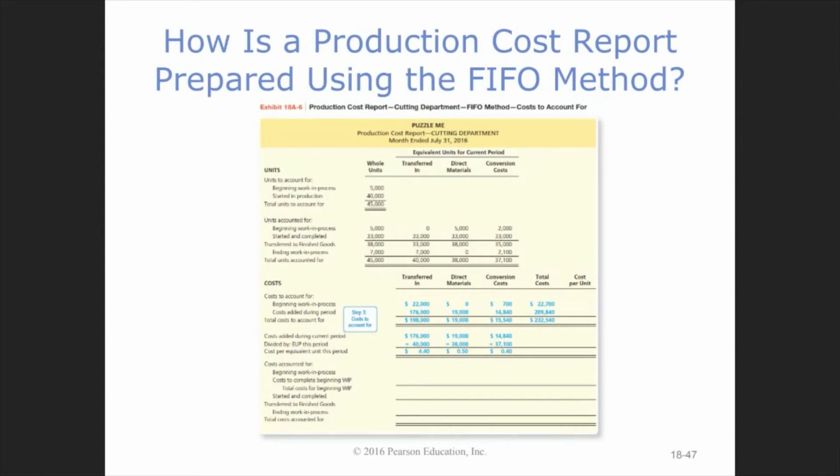We divided that by 40, which was the EUP for the period, and that gave us our cost per equivalent unit this period of $4.40. And you follow that same method of calculating for the direct materials and the conversion cost.